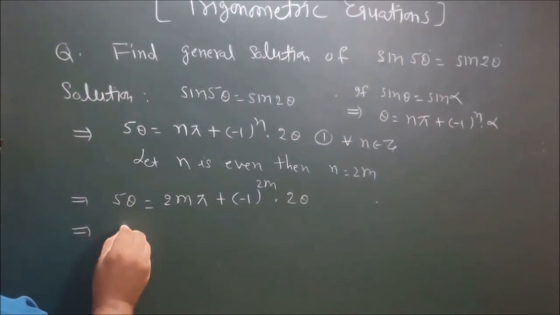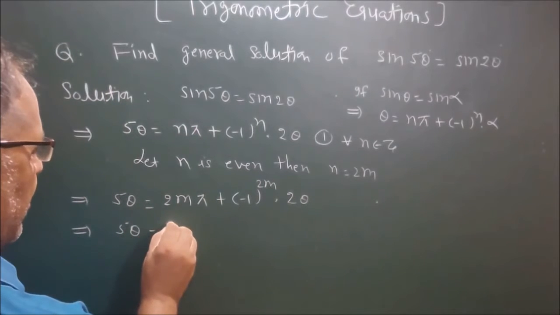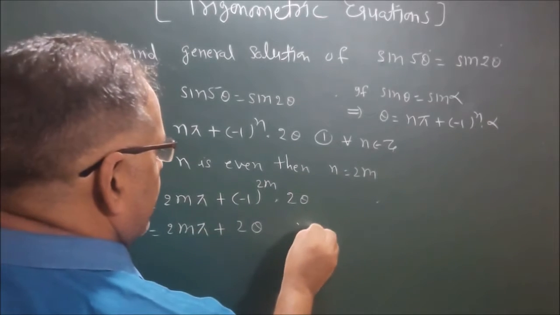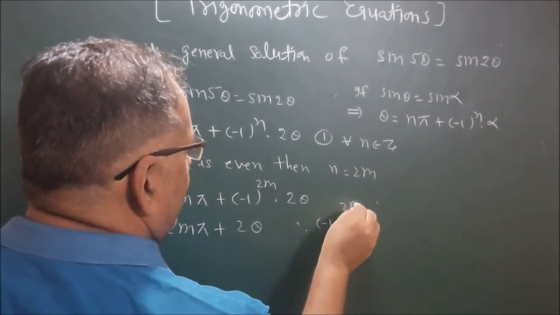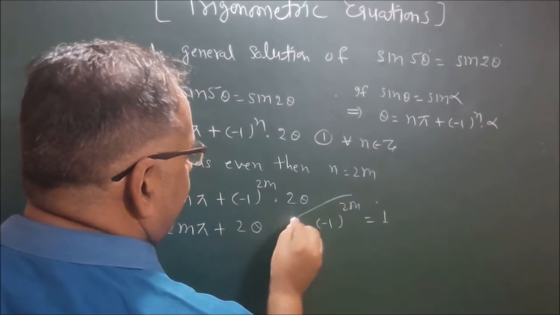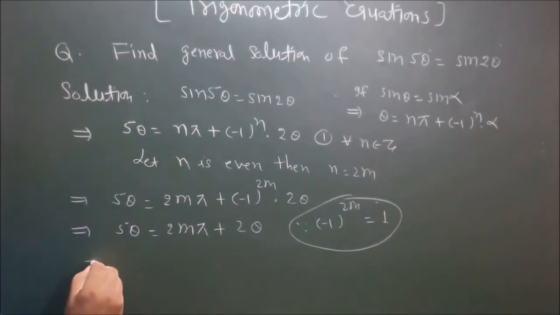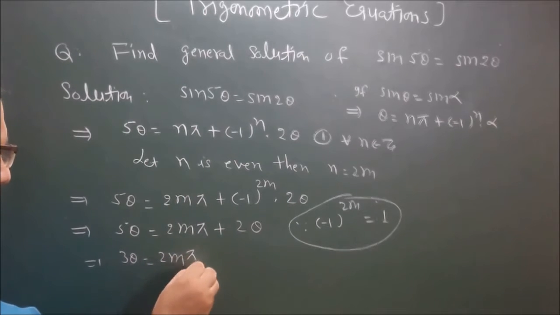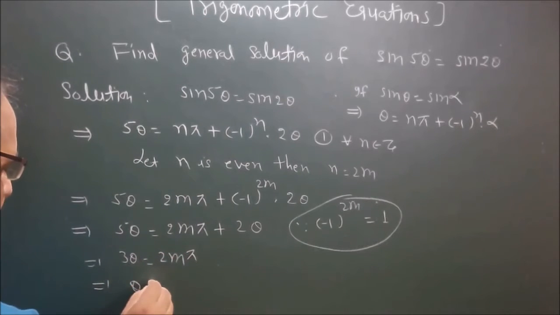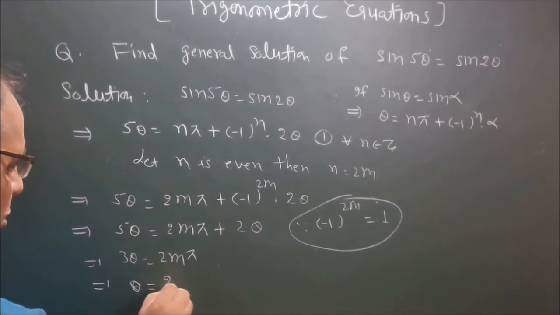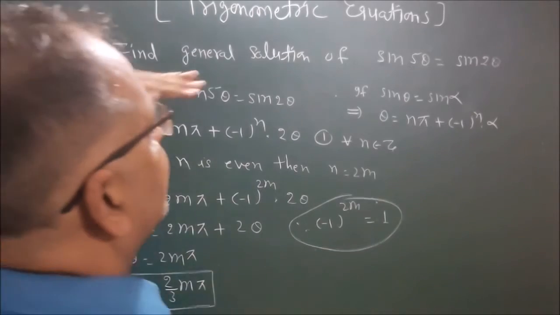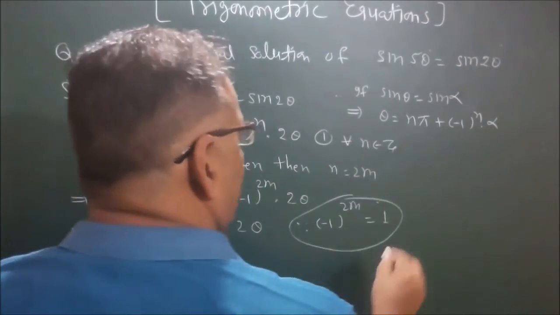In the next step, this becomes 5 theta equal to 2m pi plus 2 theta, because minus 1 to the power 2m is an even power, so this becomes 1. After transfer we have 3 theta equal to 2m pi, and so the first solution is theta equal to 2 upon 3 m pi. This is the first solution of the trigonometric equation sin 5 theta equal to sin 2 theta.